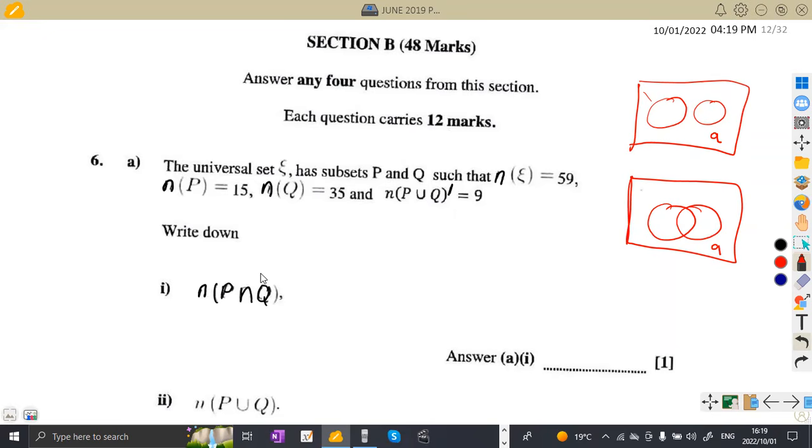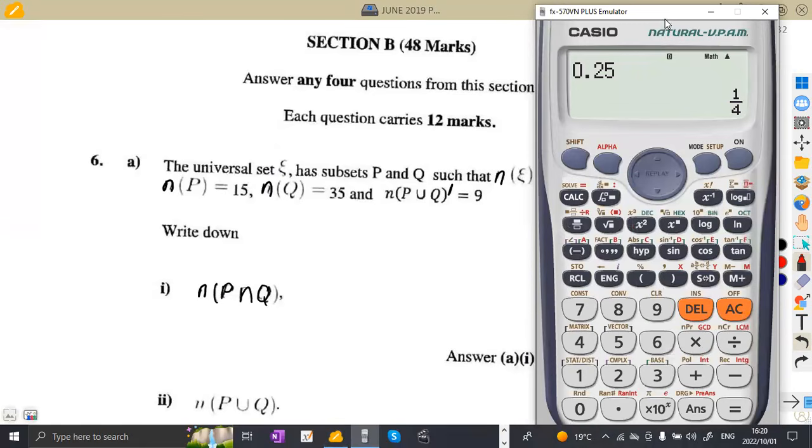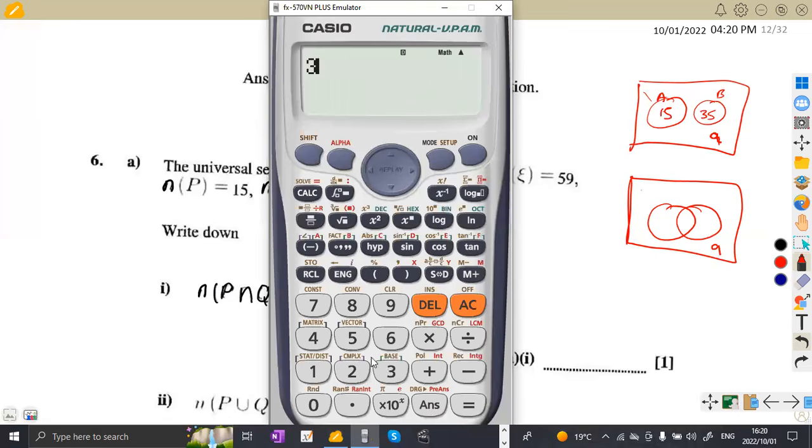So the question is, how many elements do we have in P intersection Q? Can we have a condition that there will be elements in the intersection? It depends on the condition that we have. If they are disjoint like this, it means A has got its 15 elements, B has got its 35 elements, and we've got 9. So we want to add and see what we're going to have. If truly we combine 35 plus 15 plus 9, that is 59.